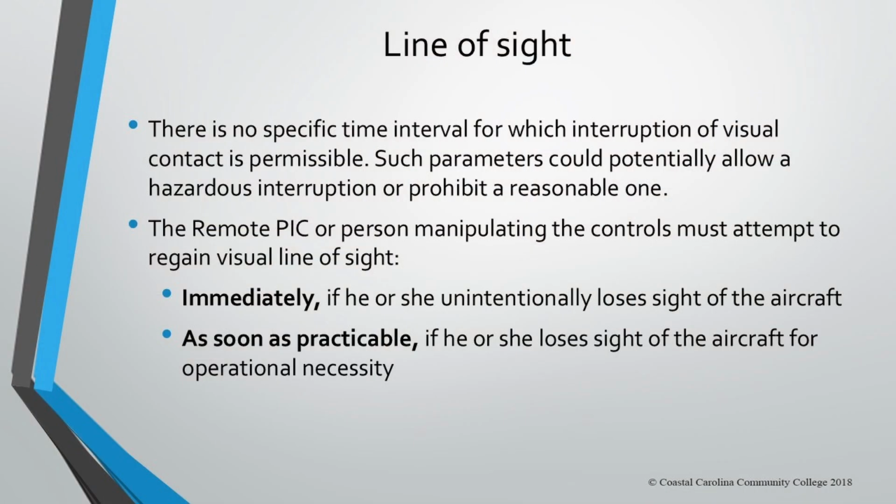The remote pilot in command or person manipulating the controls must attempt to regain line of sight immediately if she or he unintentionally loses sight of the aircraft. As soon as practical if he or she loses sight of the aircraft for operational necessity.